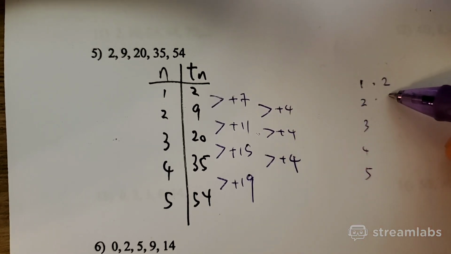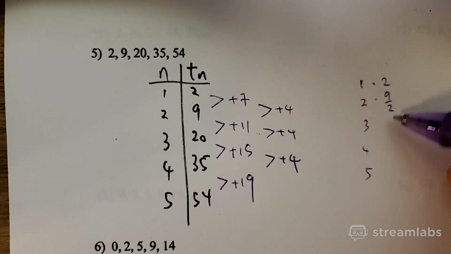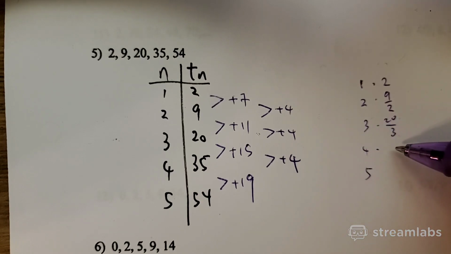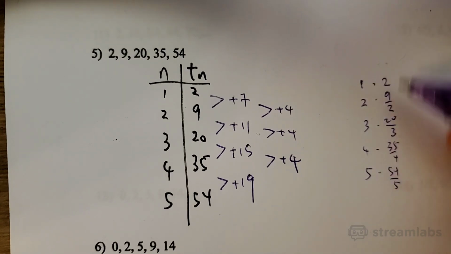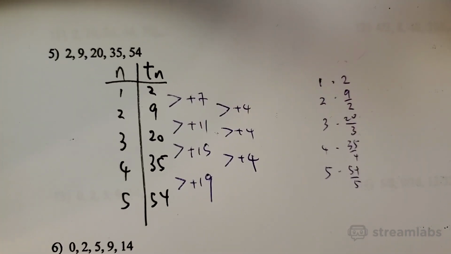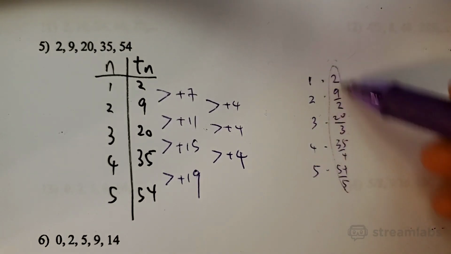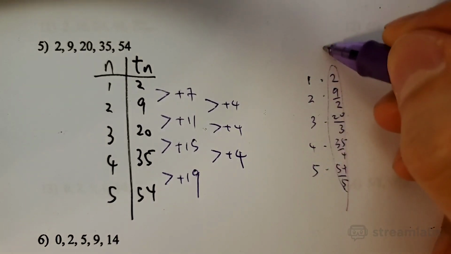The next one is 9, so that's 9 over 2. The third one is 20 over 3, and the fourth one is 35 over 4. And then 54 over 5, and none of them give you any sort of pattern, right? This is a fail.